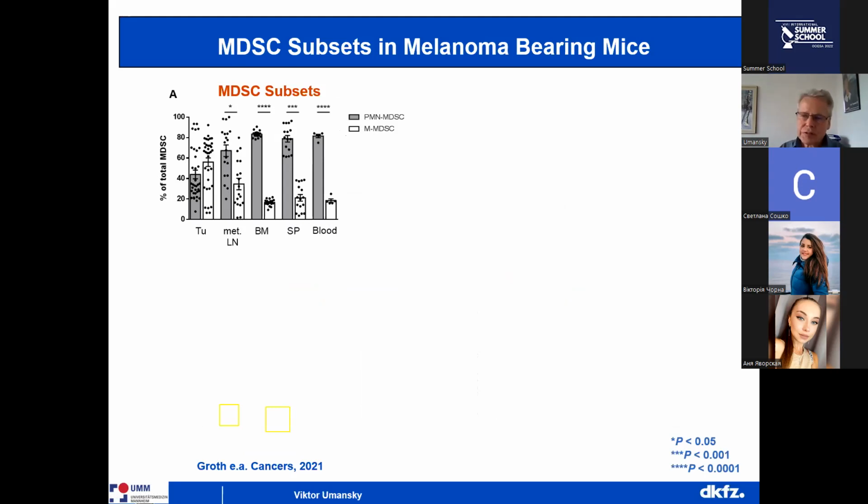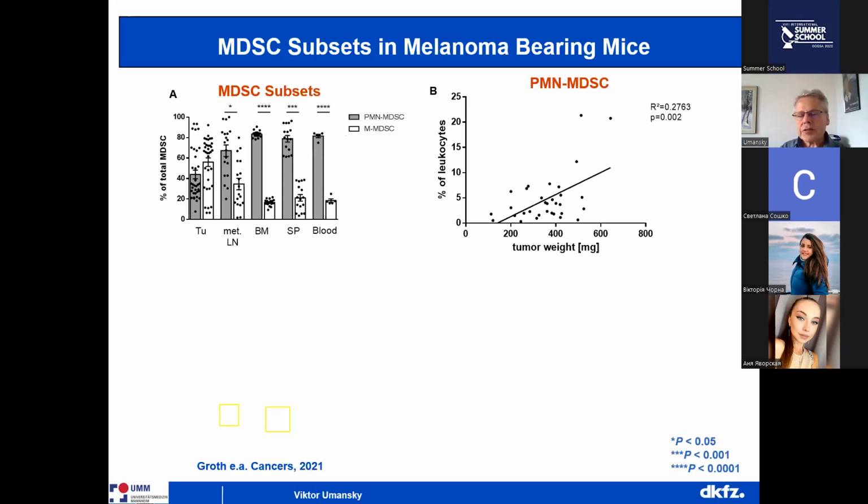So it's necessary then always to have some kind of refreshment of this population. But what is important is that the accumulation of PMN MDSCs correlates with the accumulation of the tumor mass, which is not the case for monocytic MDSC.